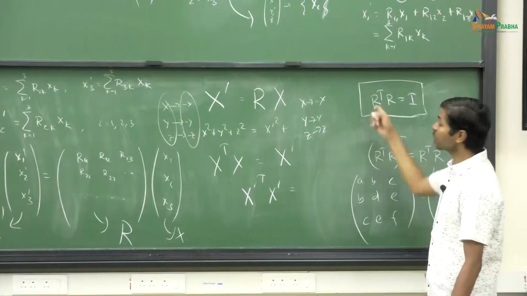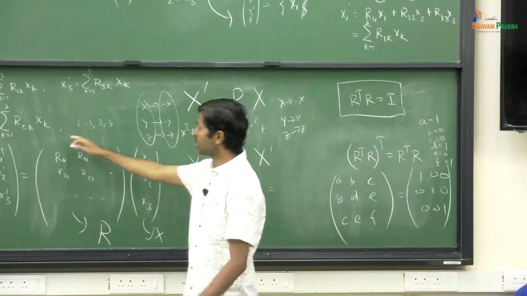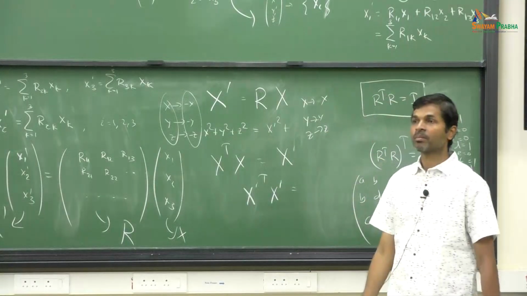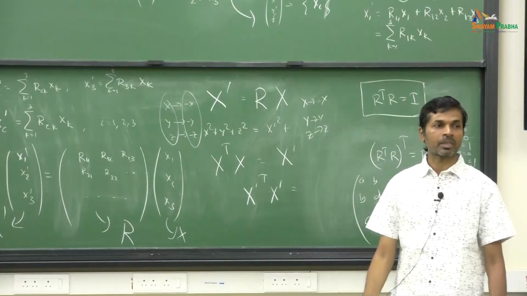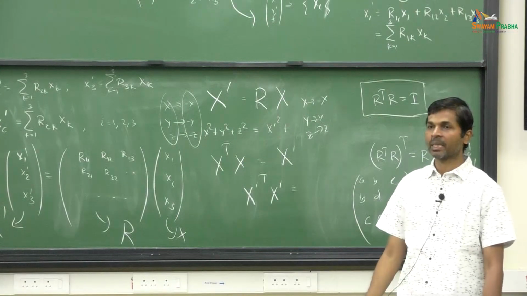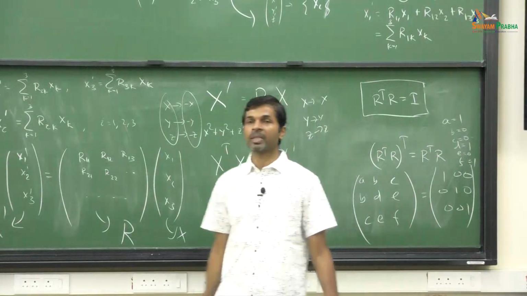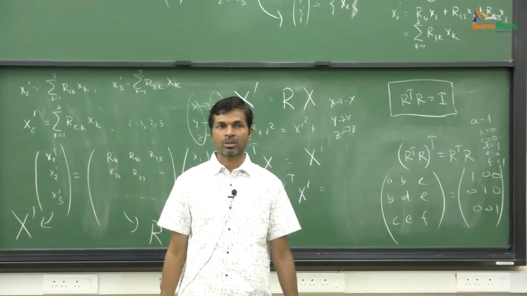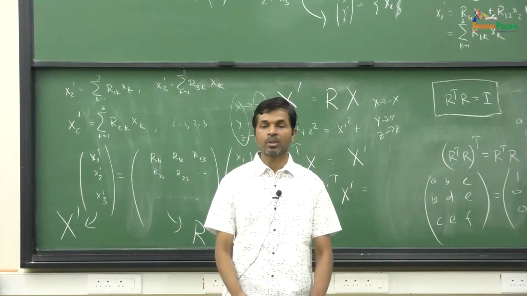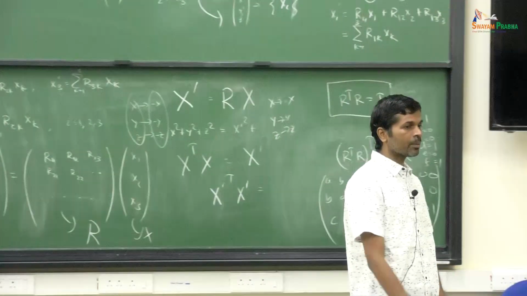There are 9 parameters here, but using these 6 equations, you can eliminate 6 parameters. So there are only 3 parameters left, and those are the 3 independent rotations. So you cannot have any new parameter if you perform a rotation in 3 dimensions.